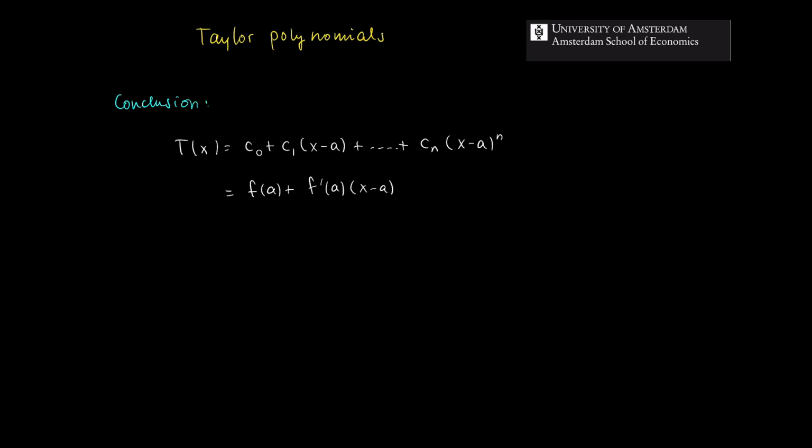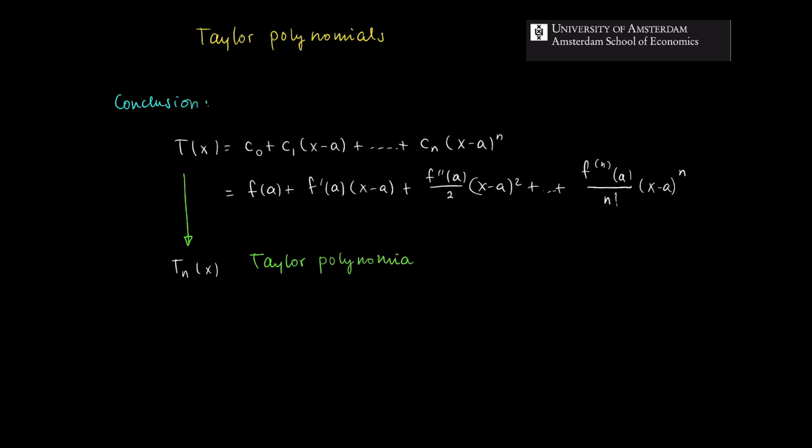Then c0 is f(a), c1 is f prime of a, c2 is f double prime divided by 2 factorial, etc. We continue until the final one, the nth order derivative in a divided by n factorial times (x minus a) to the power n. This function is now called the nth order Taylor polynomial for f in a. So that's the definition.